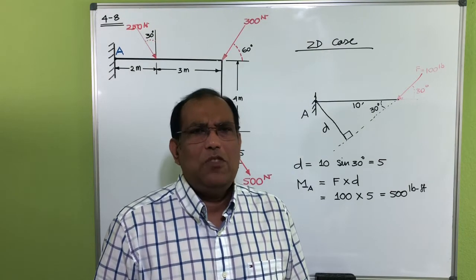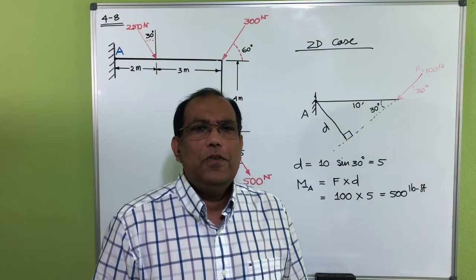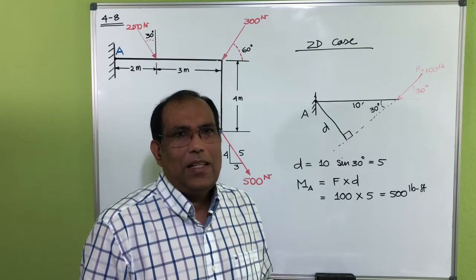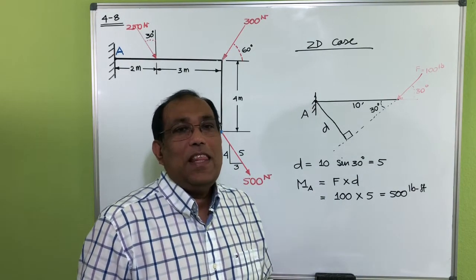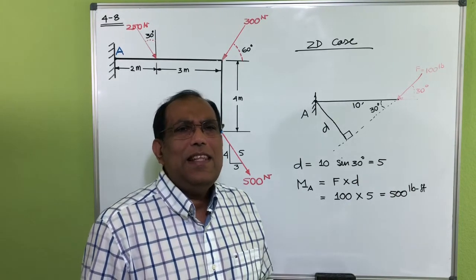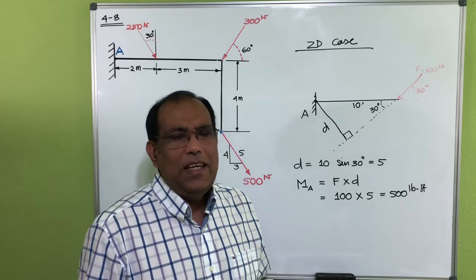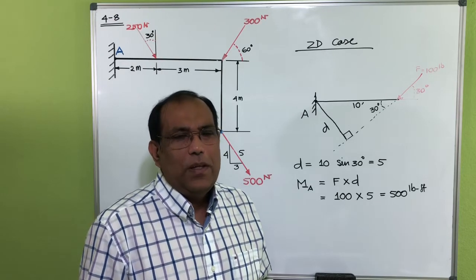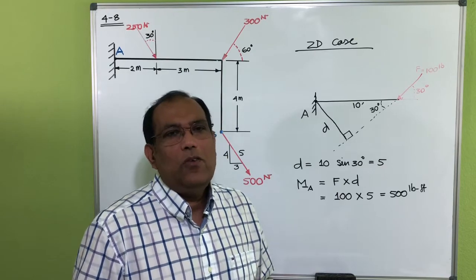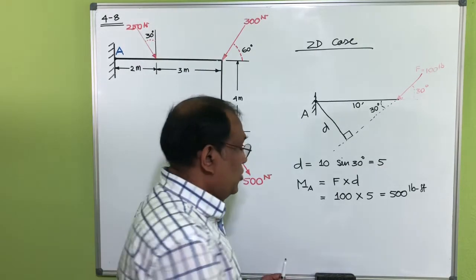But sometimes it's very difficult to find that shortest distance like that. Then I have to extend a lot of lines of action of forces, and that makes it a little bit clumsy. So rather than doing that, most of the time the way we try to solve it is this way.